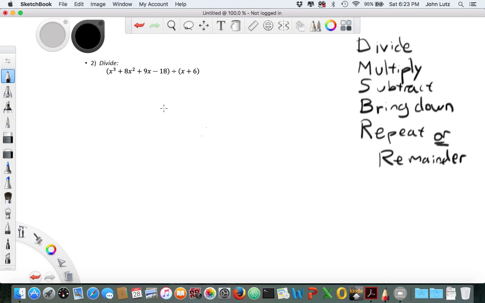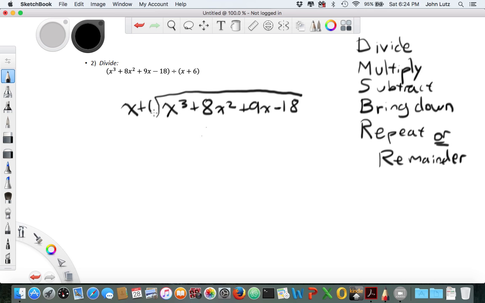So, I'm going to put my x cubed plus 8x squared plus 9x minus 18 in the house, and then I'm going to put my x plus 6 outside of the house. Now, when we do long division, very important thing, you're always going to divide the very first term of the thing that's being divided into by the very first term of the thing that's on the outside.